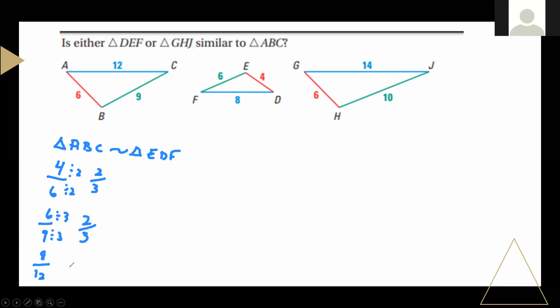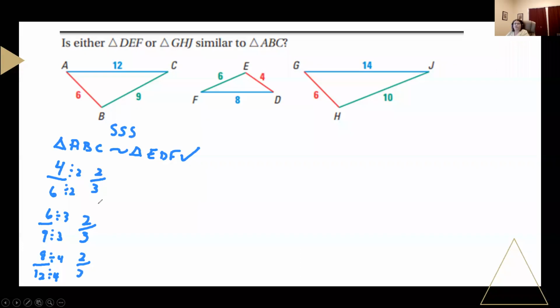And what about 8 and 12? I'm going to divide those by 4, and that is 2 over 3. So all three are 2/3. So yes, these two are similar by side-side-side, because all 3 sides reduce to 2/3.